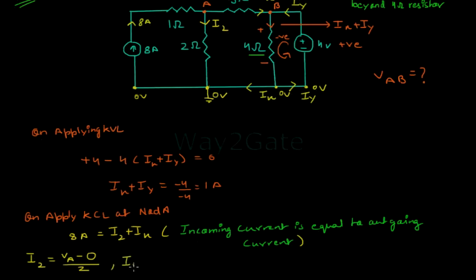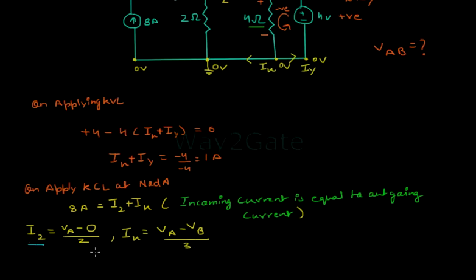Similarly, current Ix due to potential difference between node voltage VA and VB is equal to VA minus VB divided by 3 ohm resistance between them, and putting value of I2 and Ix in above equation, we have 8 is equal to VA by 2 plus VA minus VB divided by 3.